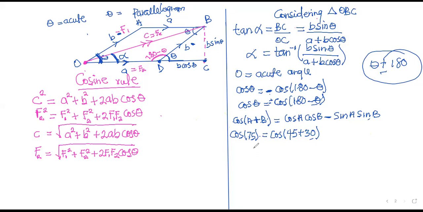Yes, please. On your calculator, you can just punch cos 75 and get the answer. But we can also use this formula to solve it without punching the calculator. So look at how. First, press cos 75 and then give me the answer first.